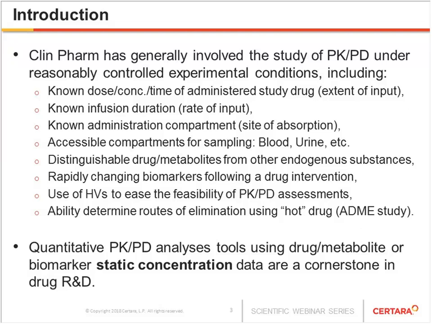Oftentimes those concentrations are rapidly equilibrating or rapidly changing, which allows us to make inferences about the effects of our drugs on certain pathways. You can imagine that that could be different in certain biomarker situations where this rapid equilibration does not happen.